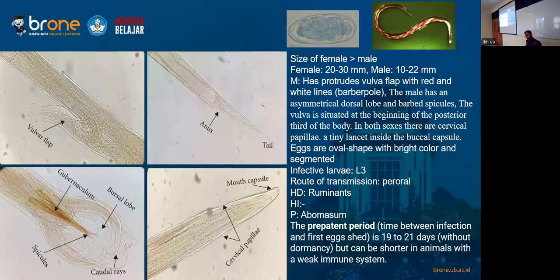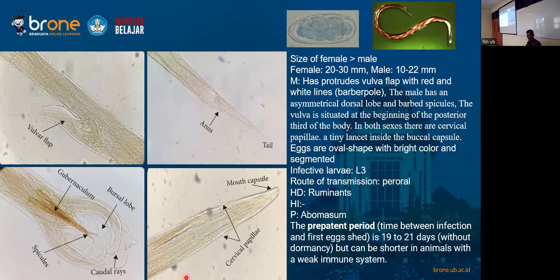And now this is very important for you. You should know about this part, the vulvar flap. This one is the anus, tail, and this one is the bursa copulatrix, because Haemonchus is a bursate nematode.